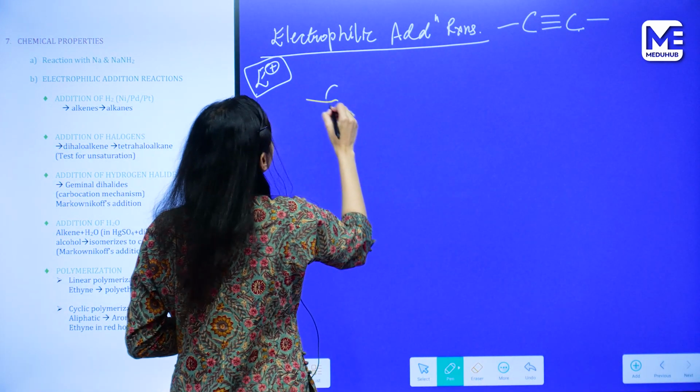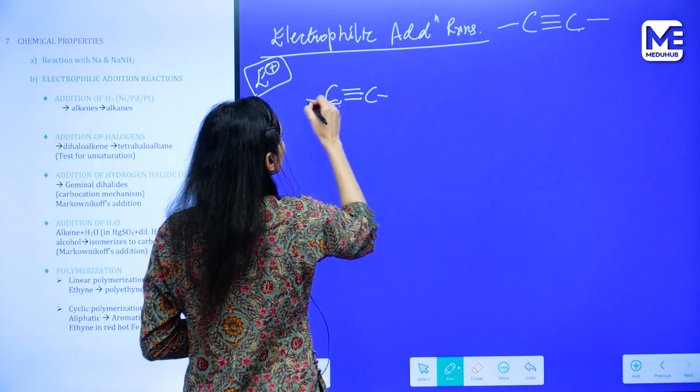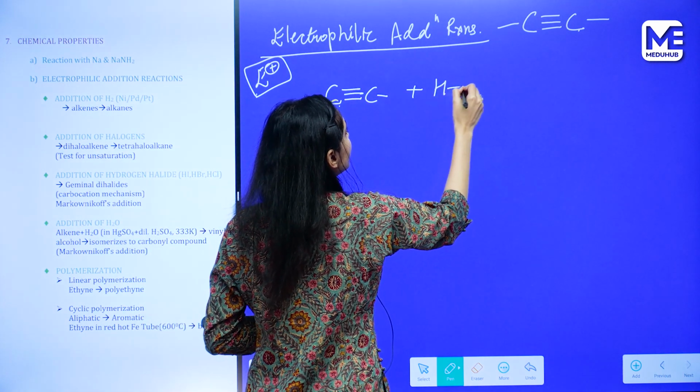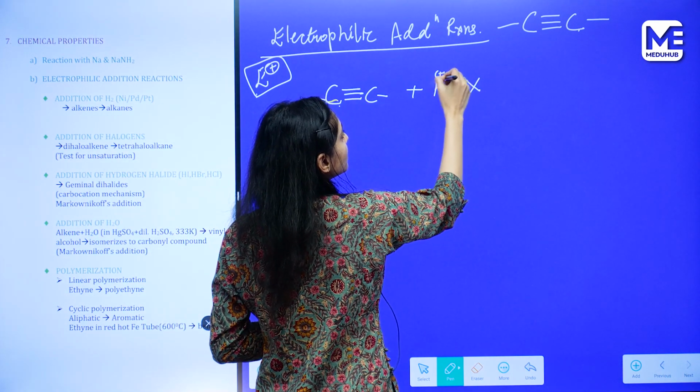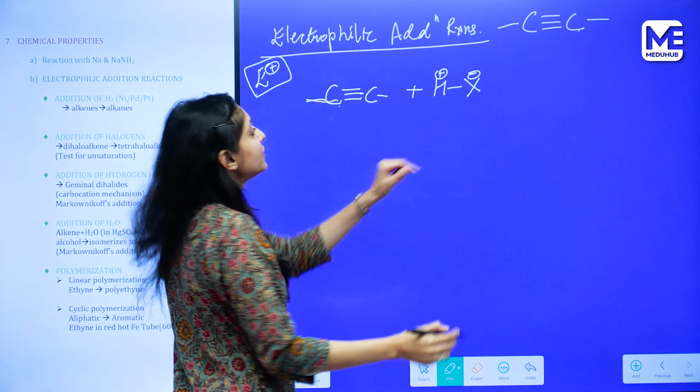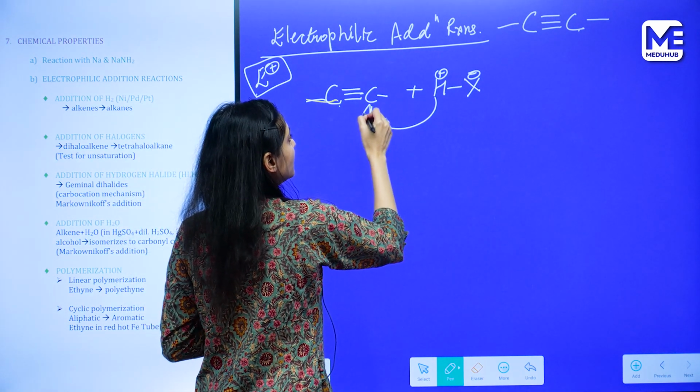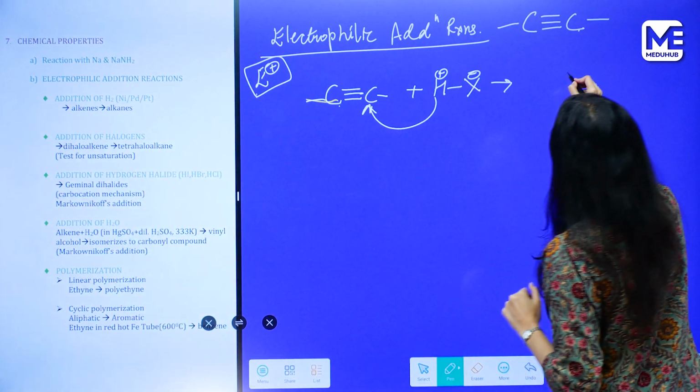So what happens? Let's say we have H, X here, positive, negative. In the first step, this gets added on and we get a carbocation.